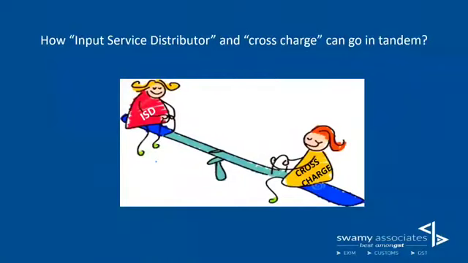This is called ISD. The same ISD principle is available under GST law also. So the GST law also defines an input service distributor similar to its definition under the service tax law. So now let us take the case. There is a GST registration, head office. The head office is functioning in a rented building.